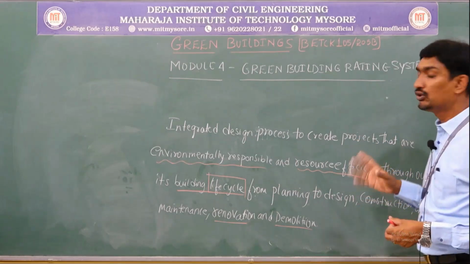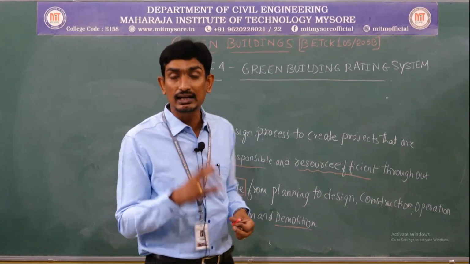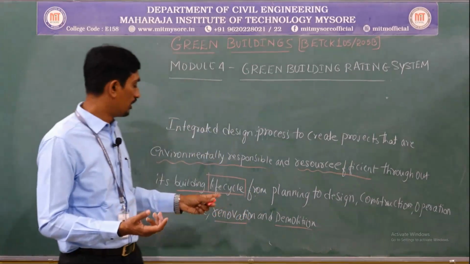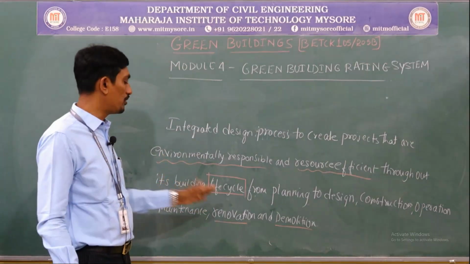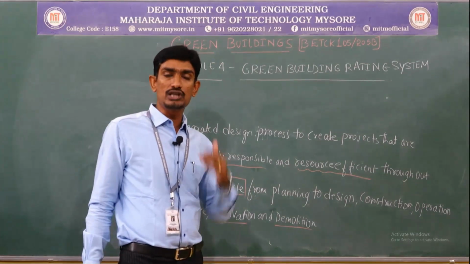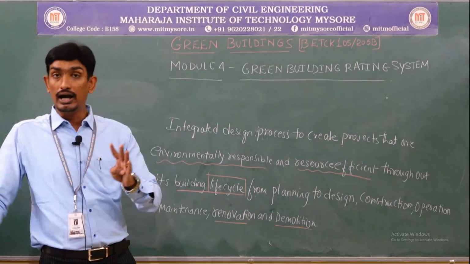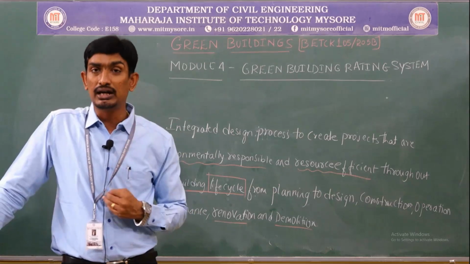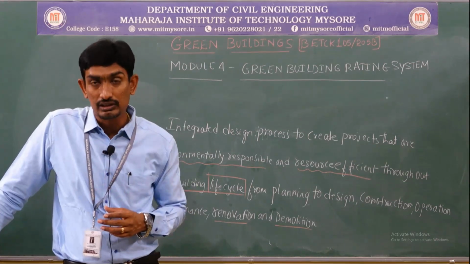Okay, now I have told you about the planning, design, construction, operation, everything. How exactly will it contribute with respect to renovation and demolition? See, for example, if I am going to demolish this building or renovate this building, I need to use less energy, that is the first thing. How can I recover that material and reuse it for the next stage of construction?